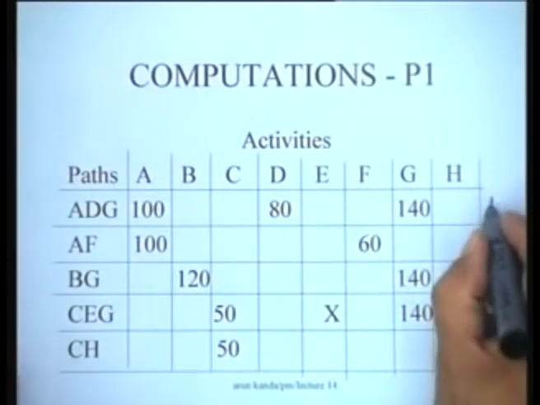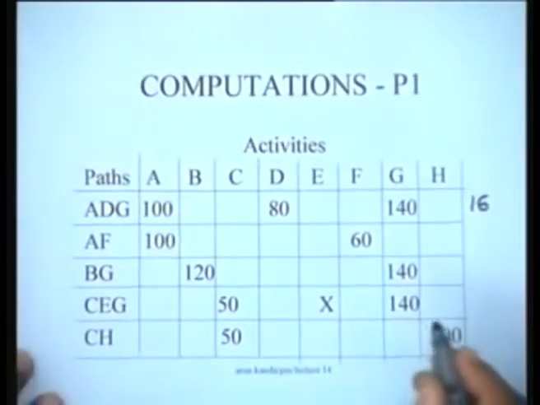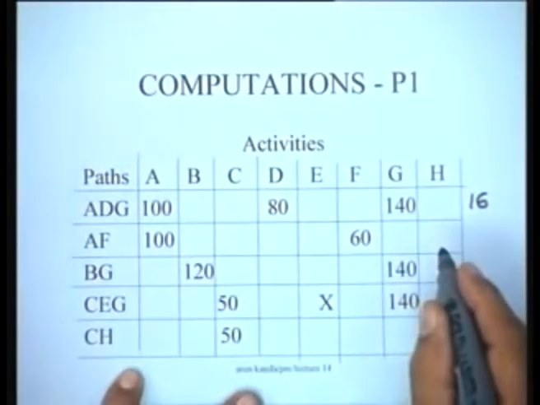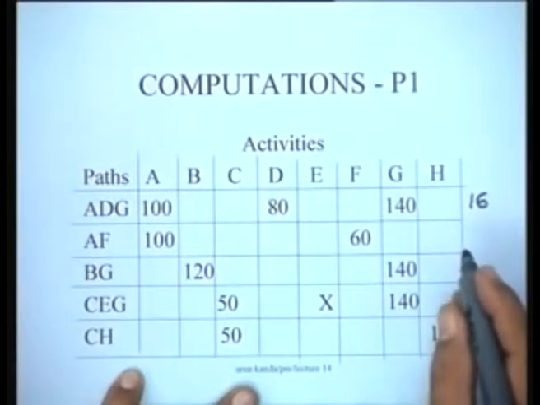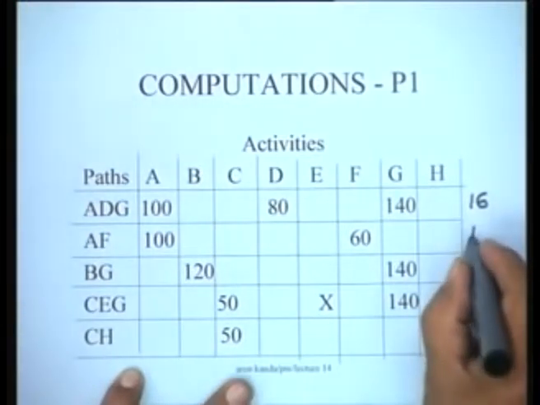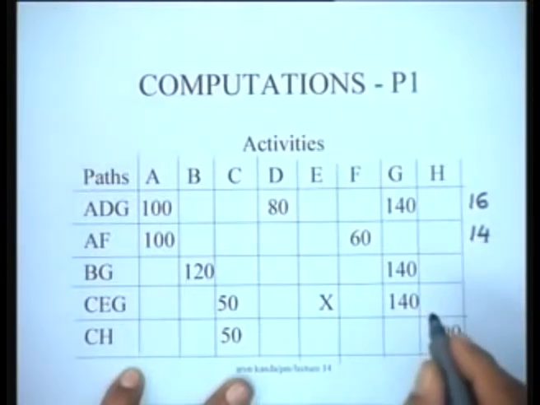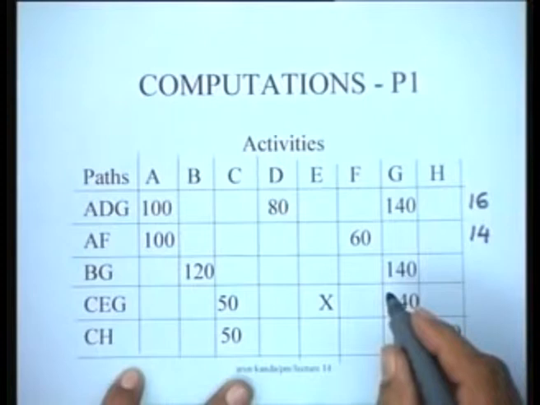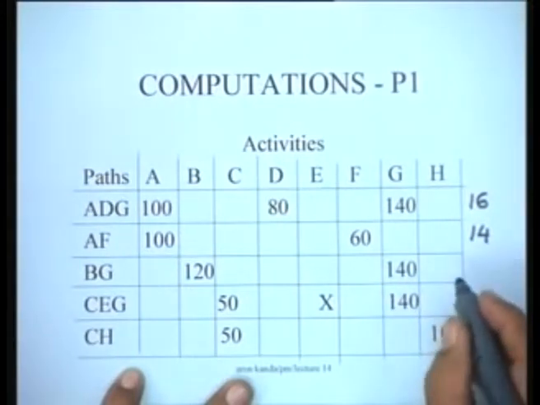So 16 would be the length of this particular path. Let me write it there. Similarly, for the path AF, the length is going to be 14 days. So this is the length of this path. BG, the length of this particular path BG is going to be 14 days.